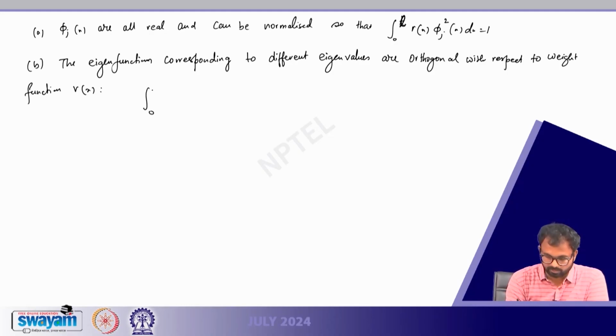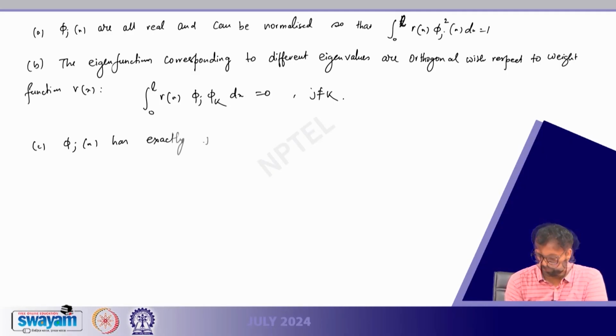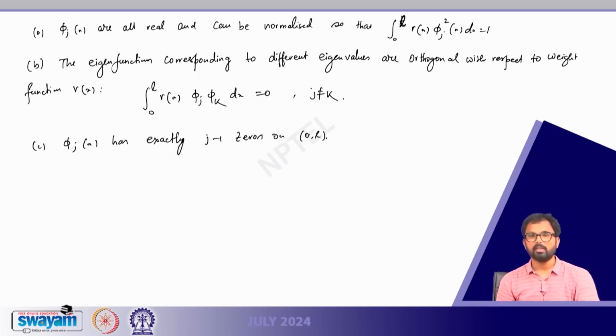That means the integral from 0 to L of r(x) into phi j phi k, of course they are functions of x, dx equals 0 where j not equal to k. And another property is phi j of x has exactly j minus 1 zeros on (0, L). That means phi j of x has j minus 1 zeros or roots on (0, L), and these are the three properties related to eigenfunctions.